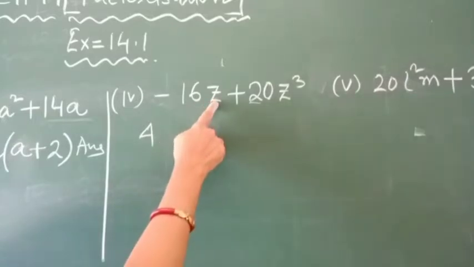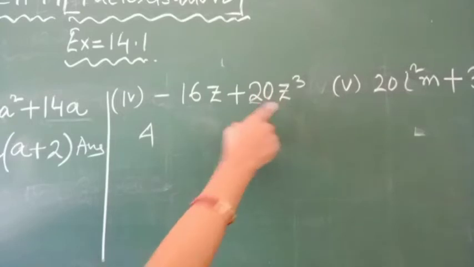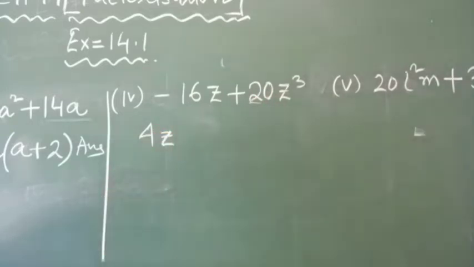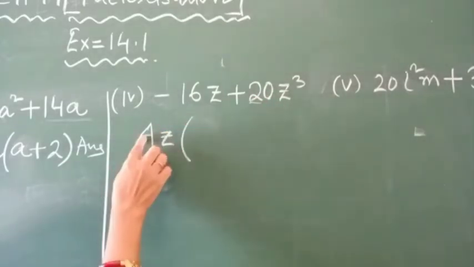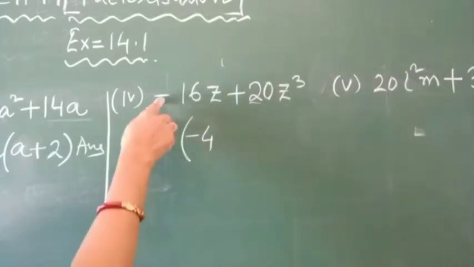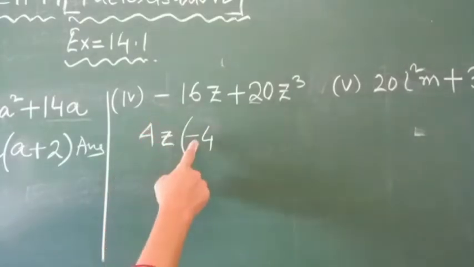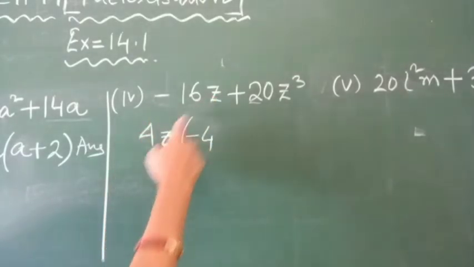And at minimum 1z is here, and here z cube. So 1z I can take from both the terms. So what is left here? I have taken 4, and minus 4 is left, because it was minus 16z. 4 I have taken outside. So minus 4 is left here. Z also I have taken.